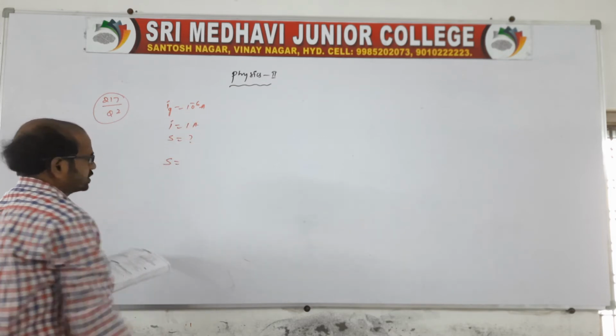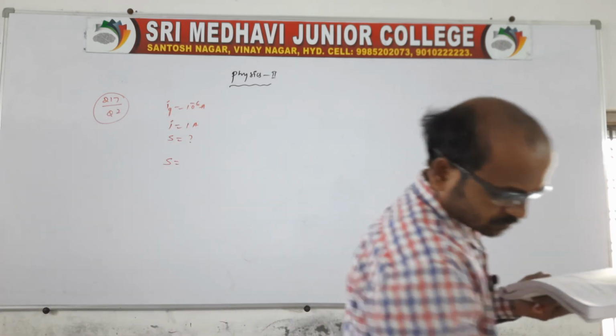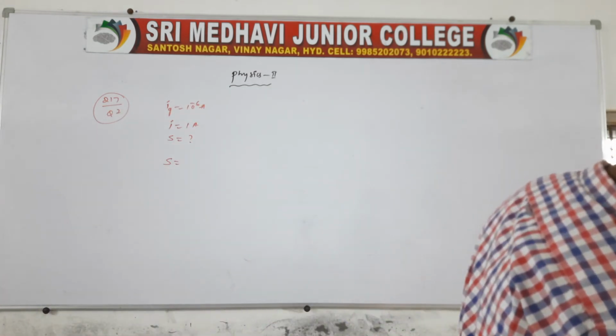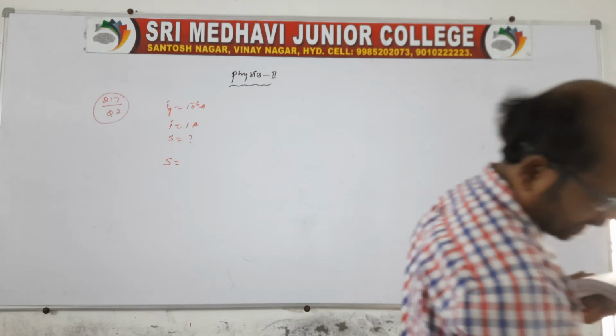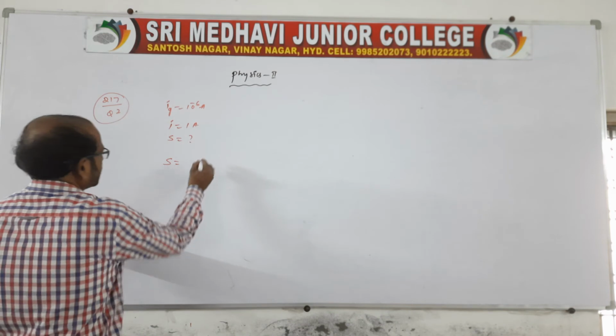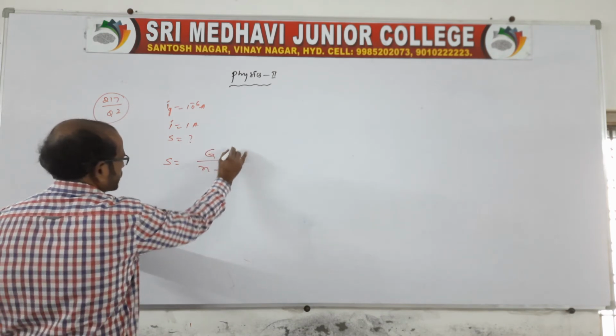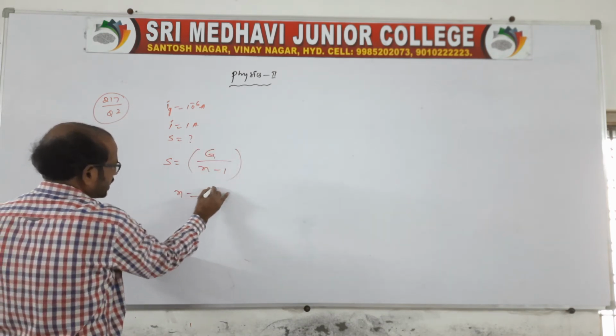Of course, we know the direct formula for shunt resistance: S is equal to capital G by n minus 1, where n is nothing but I by Ig.